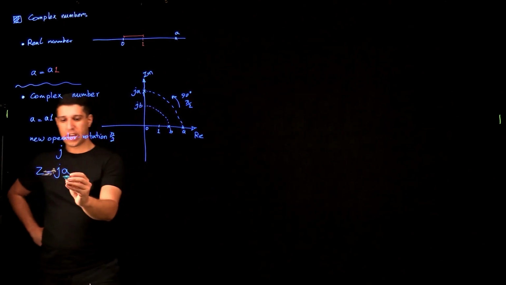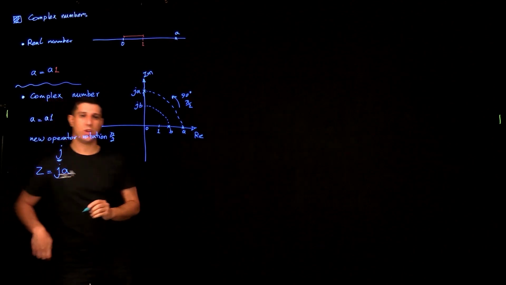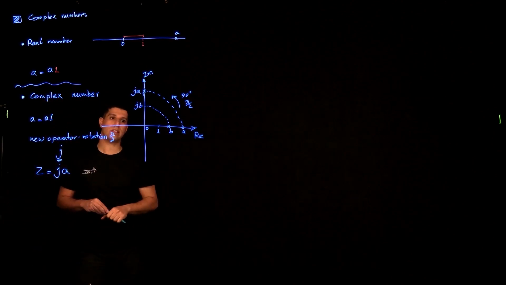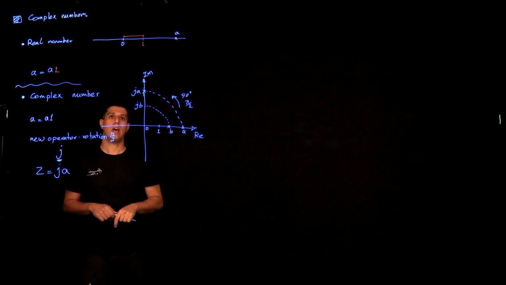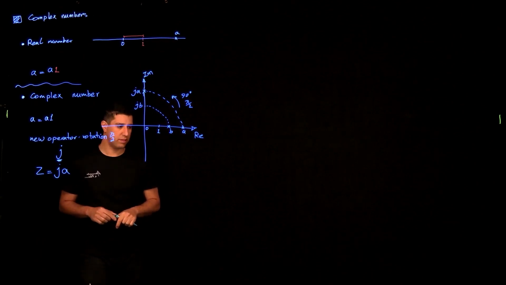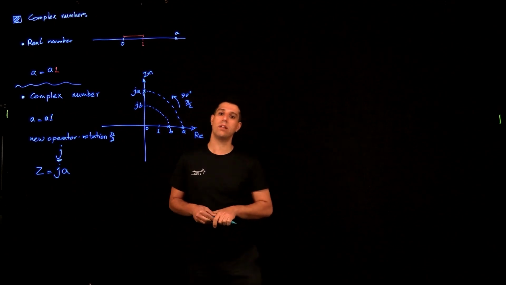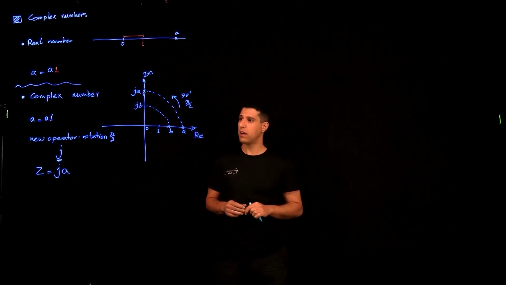So you see J that we used to work with is in a sense a kind of rotation, and there is an inherent rotation built into complex numbers, built into J.